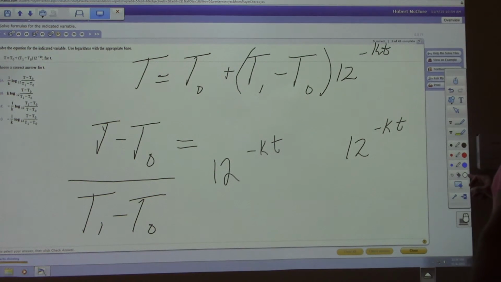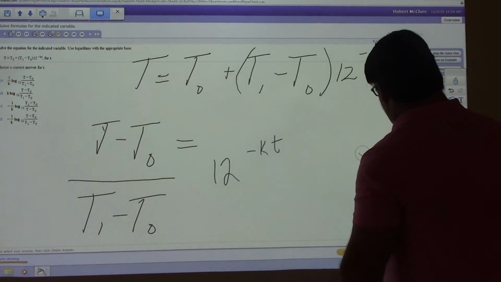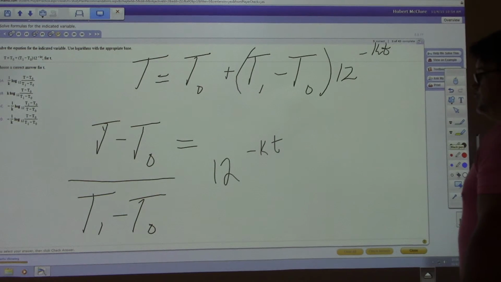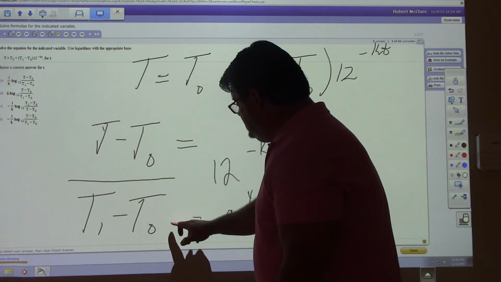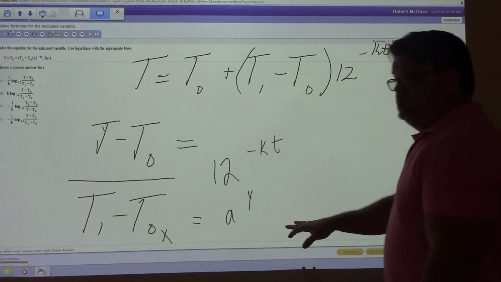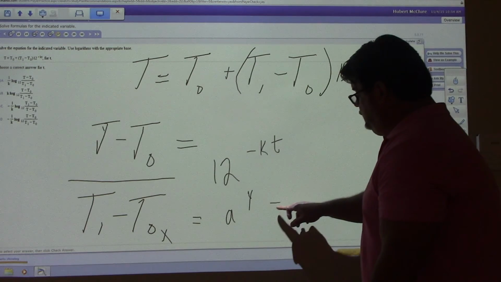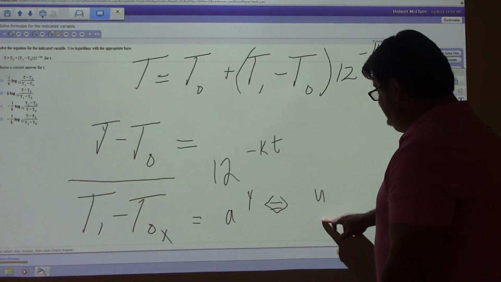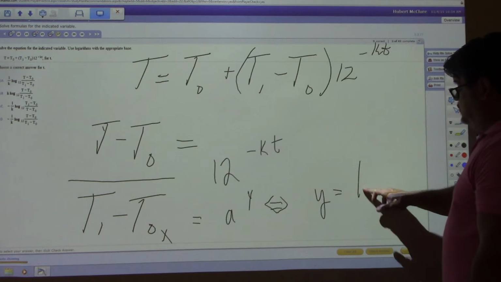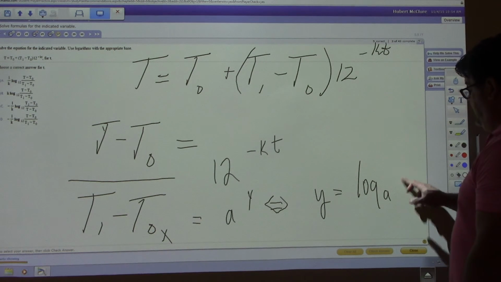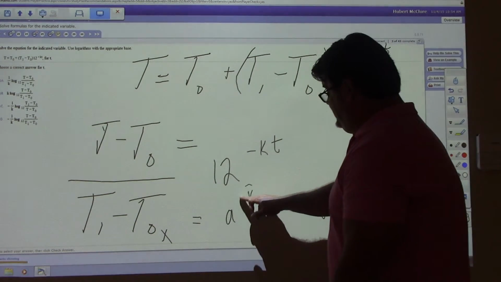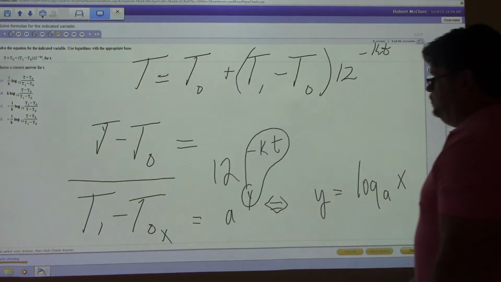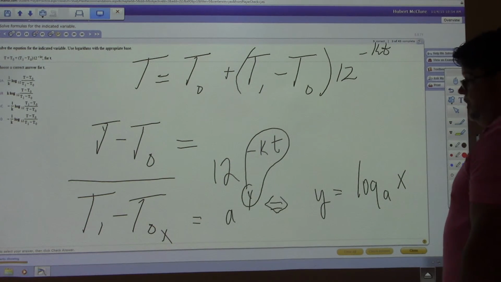So, a to the y is equal to what? A to the y is equal to x, Hubert. That's right, class. So, a to the y is equal to x, right? And what does that yield to? Y is equal to what? Log base a of what? So, where's my y? Well, my y is where? There. Negative kt.